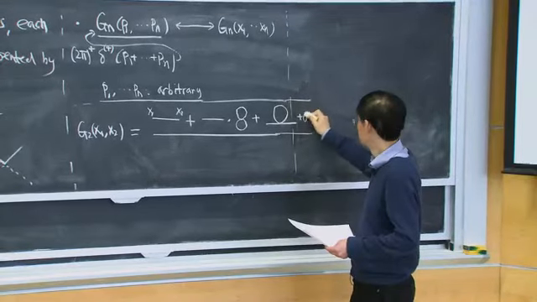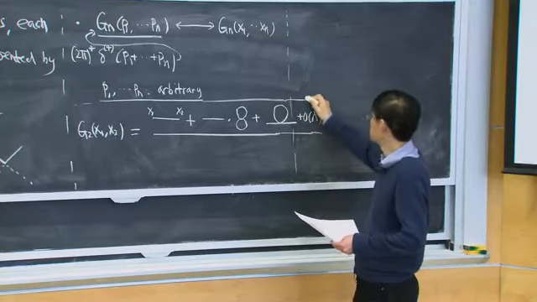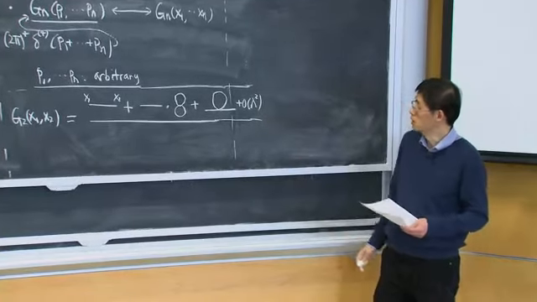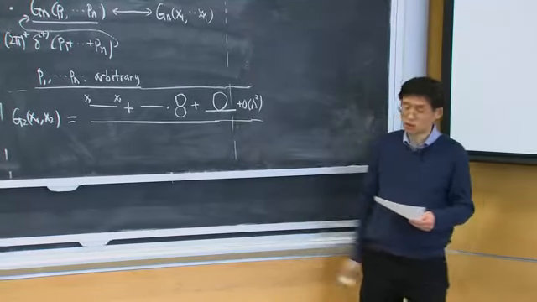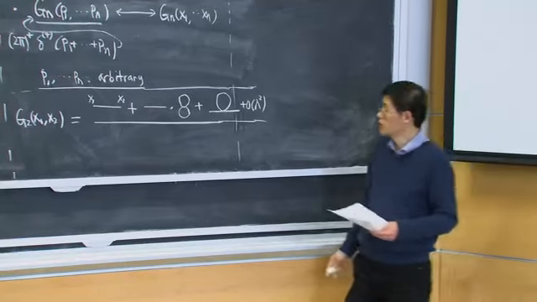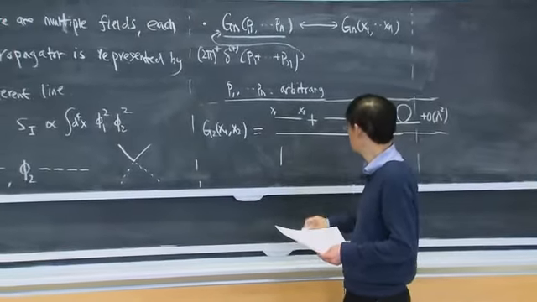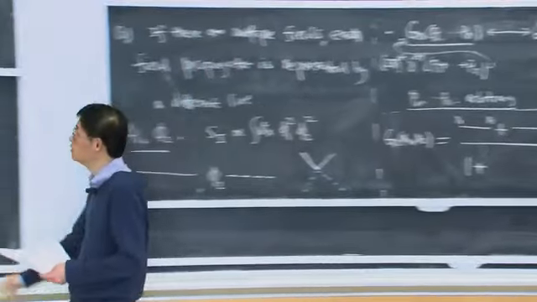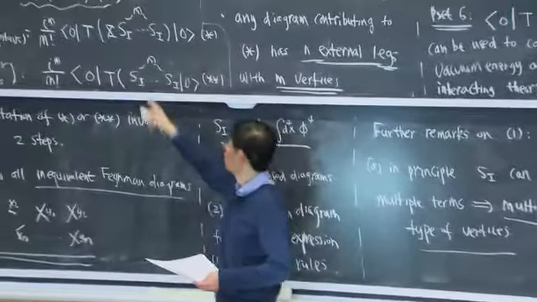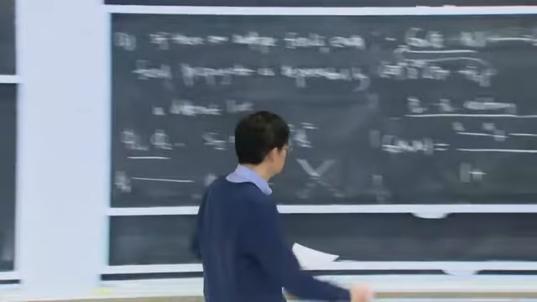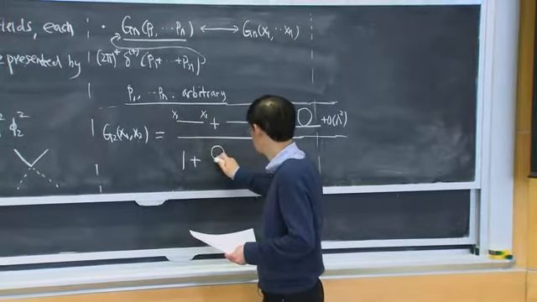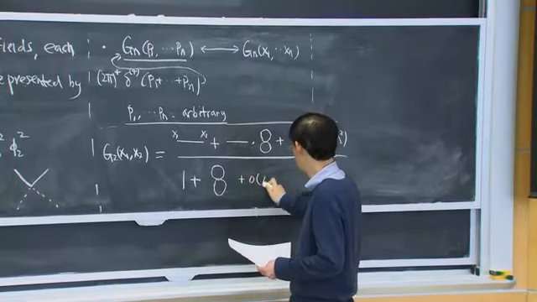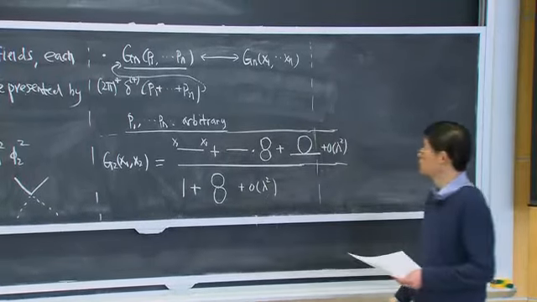So this is plus lambda squared, the order of lambda. And downstairs you have 1, and then essentially a single S_I, and the only contraction is just given by this, plus O(lambda squared).